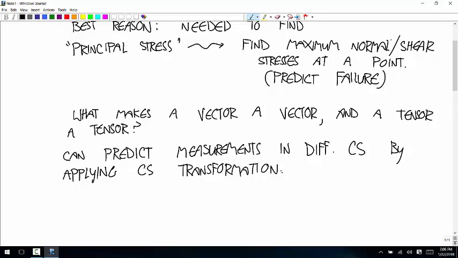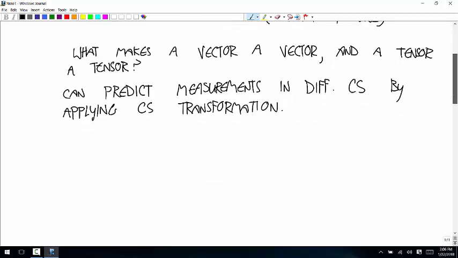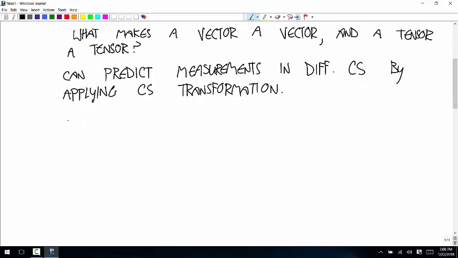But if your measurement is a vector or tensor quantity, you can take that measurement in any coordinate system you want and then apply a coordinate system transformation. So that's the thing. The coordinate system transformation idea is fundamental to what a vector is and what a tensor is. Let's see how it works with vectors first, and then I'll extend it to tensors.